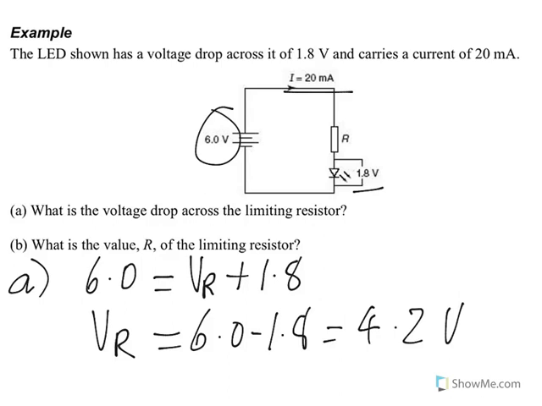Alright, so then we're asked in part B, what is the value of that resistor? So what we know is that we've got a voltage across there of 4.2. We know the current going through it because in a series circuit the current is the same. So just using Ohm's law, V equals IR.